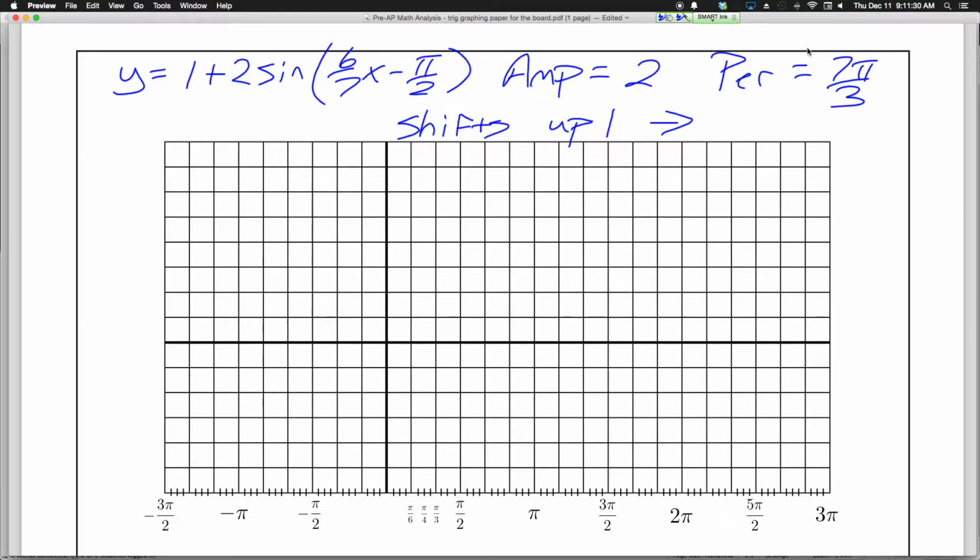Pi over 2, don't you multiply? 7 pi over 12. Where did I get 7 pi over 12 from? I multiplied by the reciprocal of that. So this is 7 over 6. 7 over 6 times pi over 2 gives me 7 pi over 12.